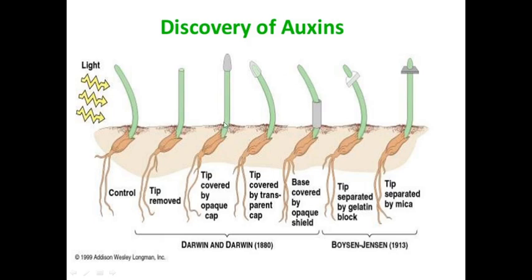So finally he concluded that the substance that makes the plant bend towards a source of light lies in the plant tip. The same experiment was also done by Boysen-Jensen in 1913, but Darwin and his son were the first to perform this experiment, in 1880.